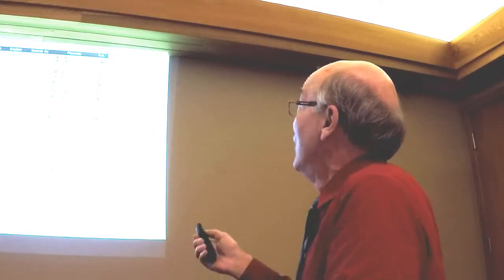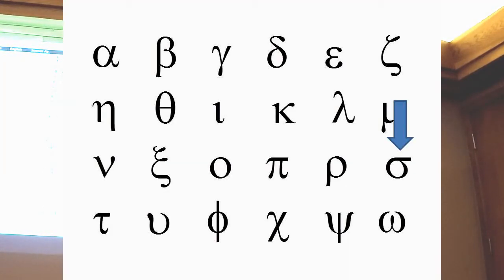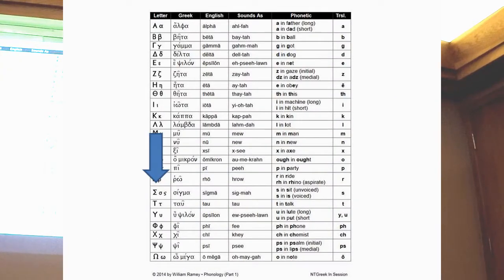Now, I want to look at a couple of these. Notice the sigma. The sigma has an extra usage. The capital letter sigma is kind of like an E, and then the normal letter that we use, but notice the third one.